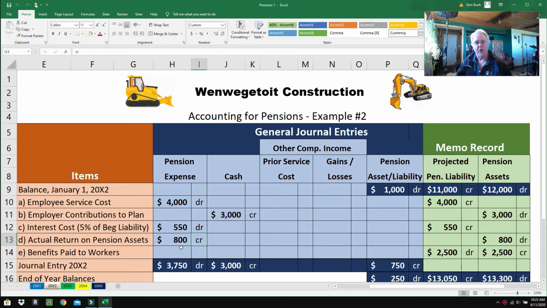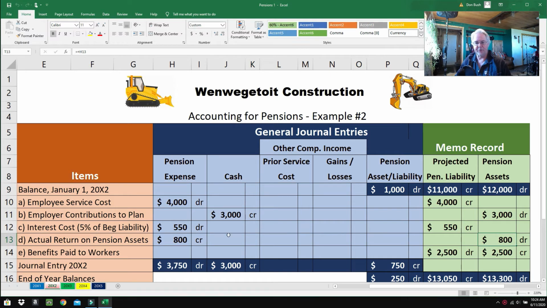Because when the pension fund earns money on the investment, that lessens the burden on the company. So we're crediting pension expense for $800. It will, in essence, reduce the pension expense by $800. And over here under pension assets, the pension assets grew by $800. So $800 debit.